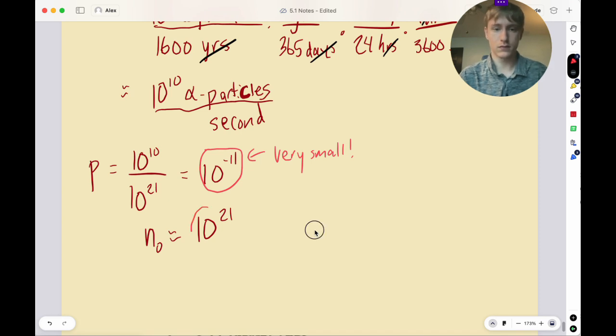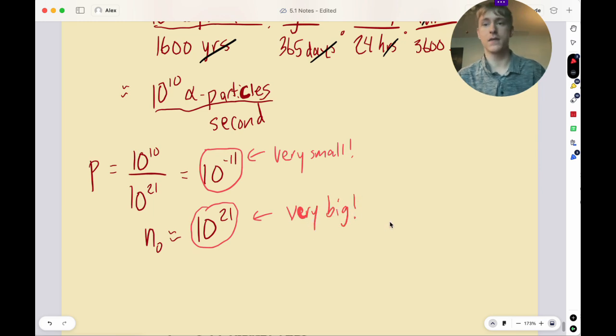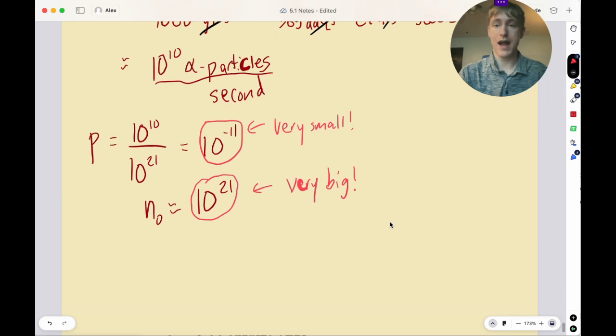Okay, so we have a very, very small probability of success, if success is defined as a decay of a single nucleus in a second. And we have a very big sample size, so if your guess is that we're going to use the Poisson distribution, you'd be correct.